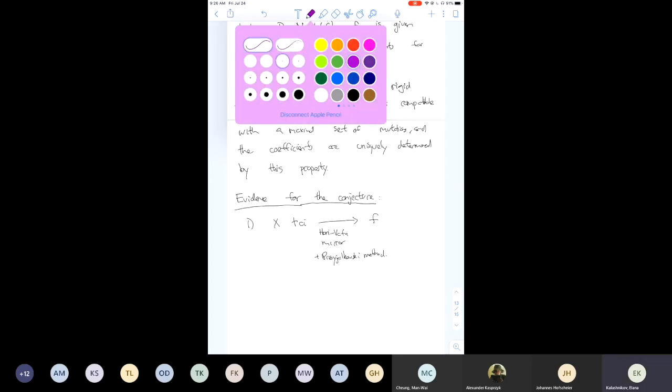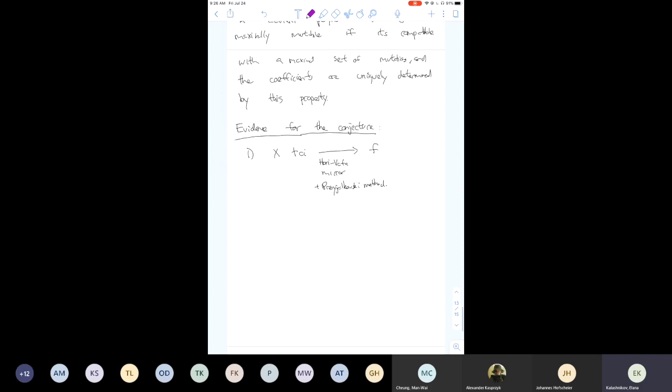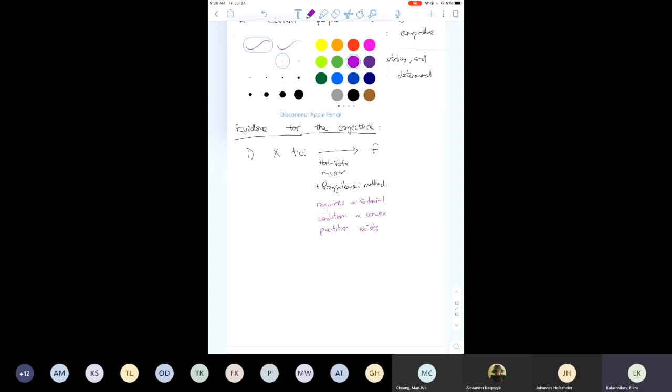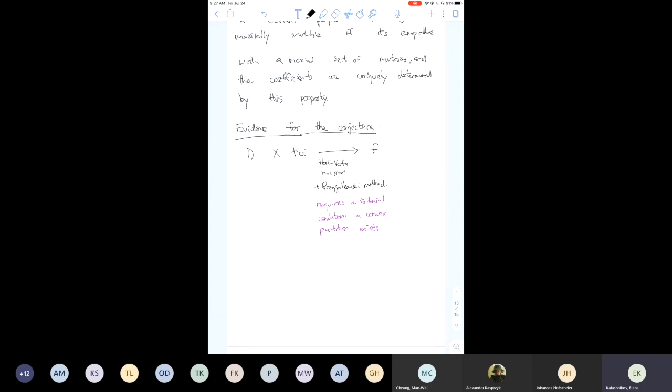And this method requires a technical condition called the existence of a convex partition. But this doesn't turn out to be a problem at all when X is smooth.